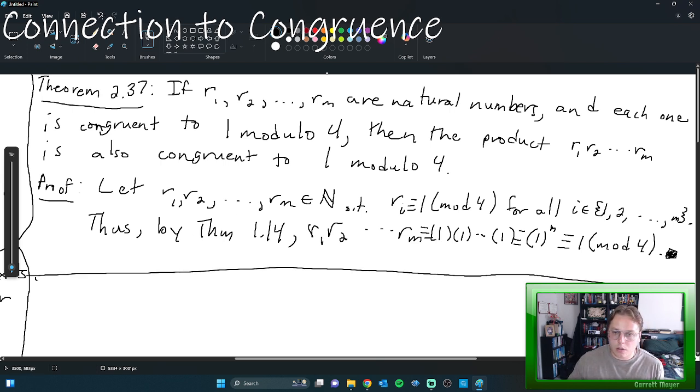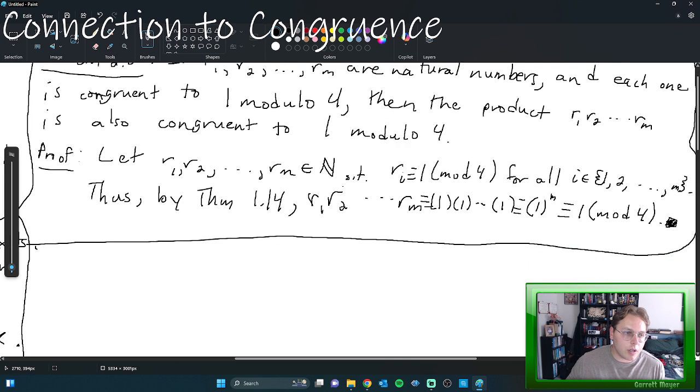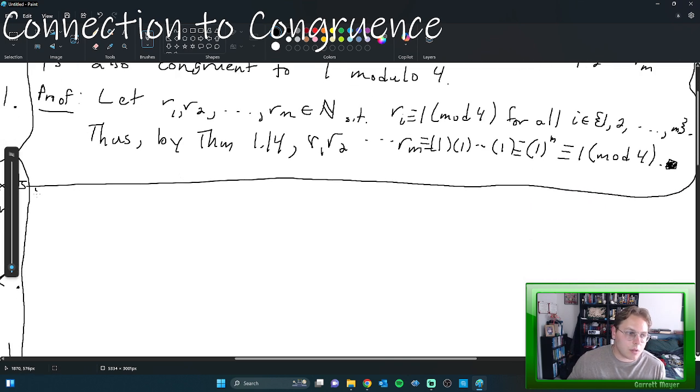And then we're going to use that in a proof about the infinitude of primes that are congruent to 3 mod 4. And you'll see why it works for 3 and not for 1 in this proof.